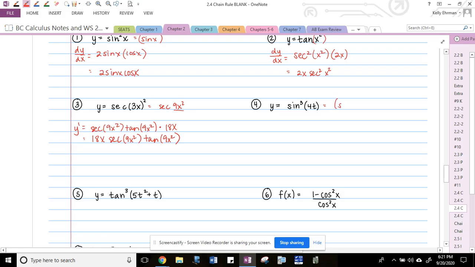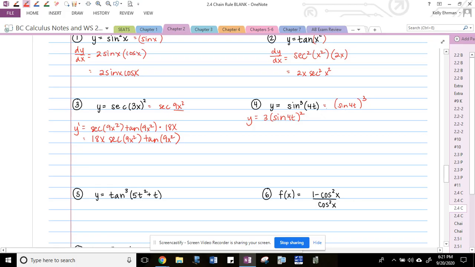All right, so this is sine of 4t cubed. My first derivative is, first step in the derivative is going to be to make it 3 times sine of 4t squared. And then the next outer function, or the next thing I'm doing the derivative of, is sine of 4t.